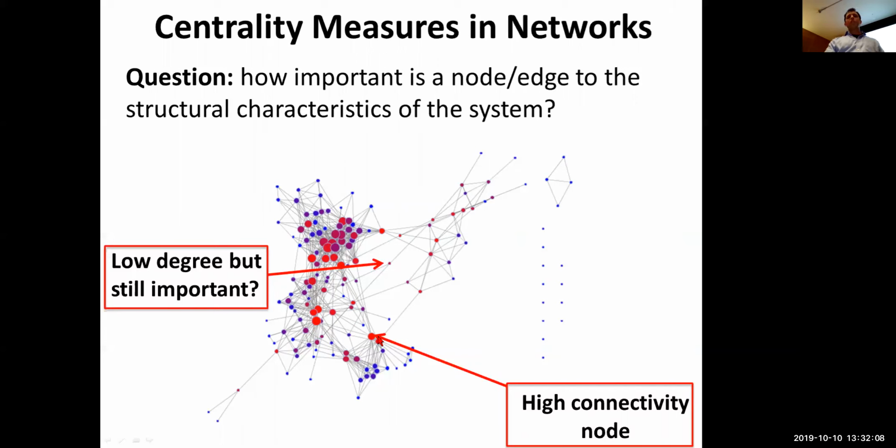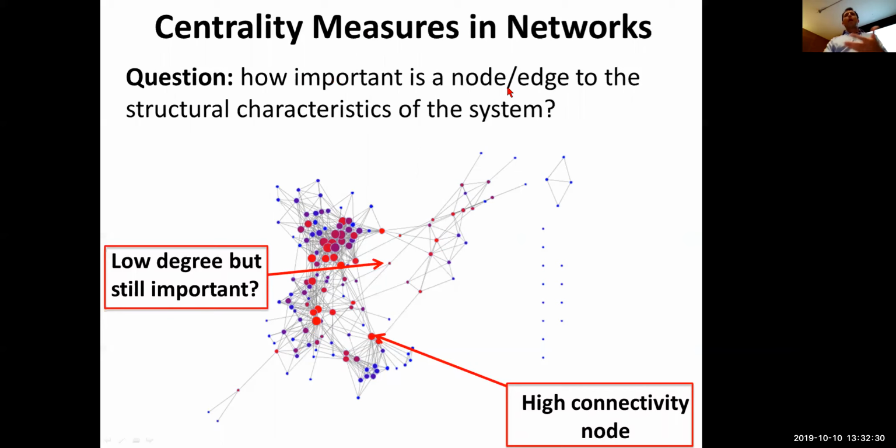And therefore, if I delete this node, yes, maybe the local network here will change a lot, but maybe even though this node seems on the surface to be less important, the impact of its deletion might actually be far greater in the information flow of this network. Everybody with me?